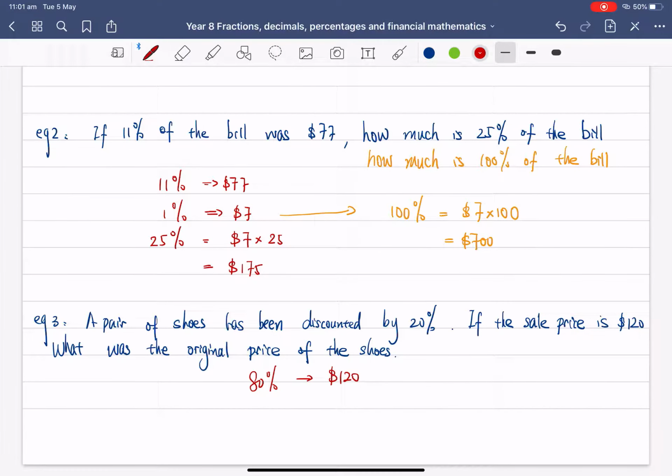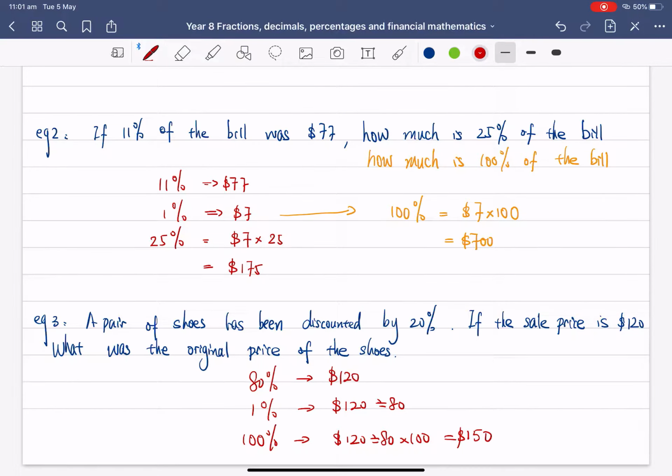That's really easy now. We convert that into 1% by dividing 120 by 80, and then convert into 100%, the final amount, by multiplying by 100. After that, you can use your calculator to do the calculation. That becomes $150. That's the way to do the question.